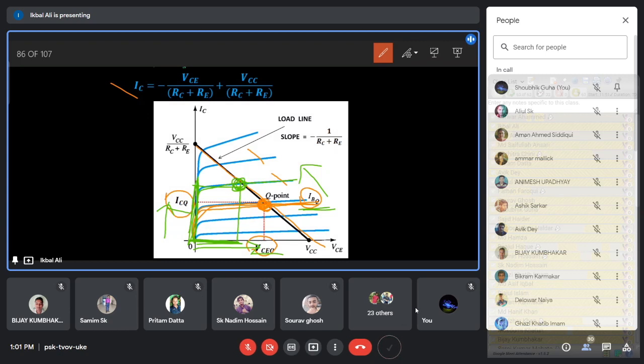These parameters are the coordinates of that intersection point, the Q point. If any parameter changes, this Q point shifts along the load line. The purpose of the biasing circuit is to make this Q point lie in the middle of the active region. So this is the definition of the load line and the Q point.